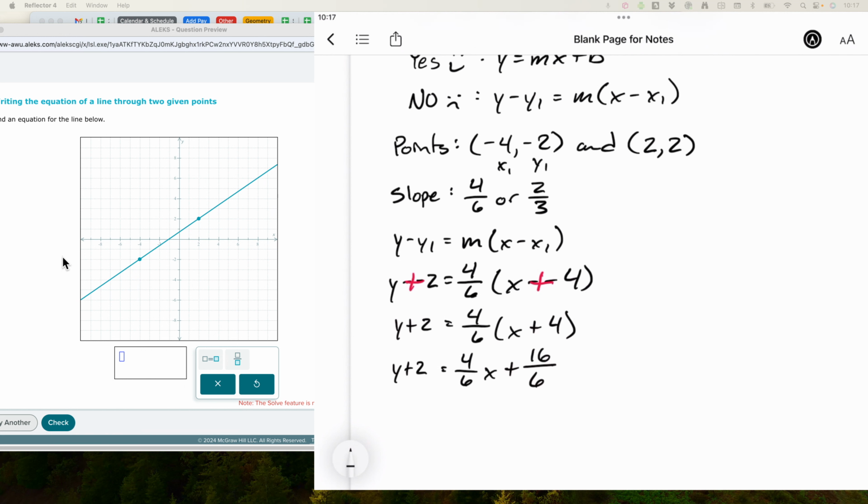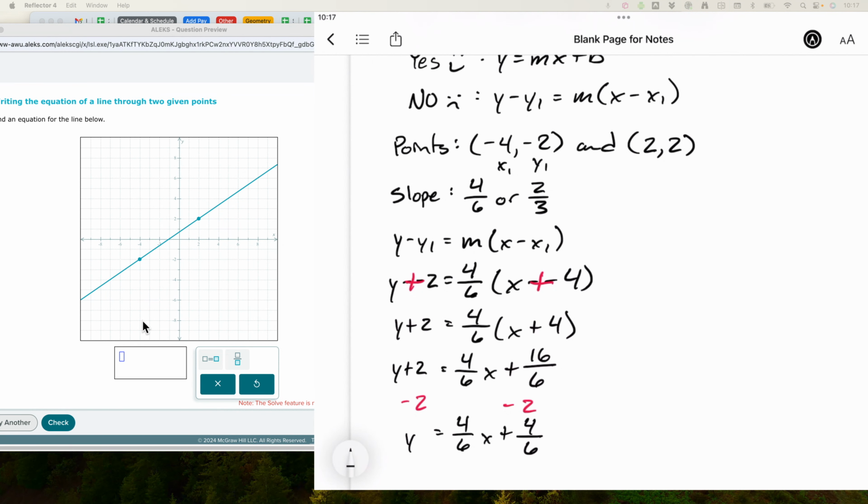Now I could simplify 16/6. I'll be very honest, I'm not going to. Instead, I'm just going to continue and let the calculator do the subtraction for me. So what we end up with is y equals 4/6 x plus 4/6 if I was to put that in the calculator.